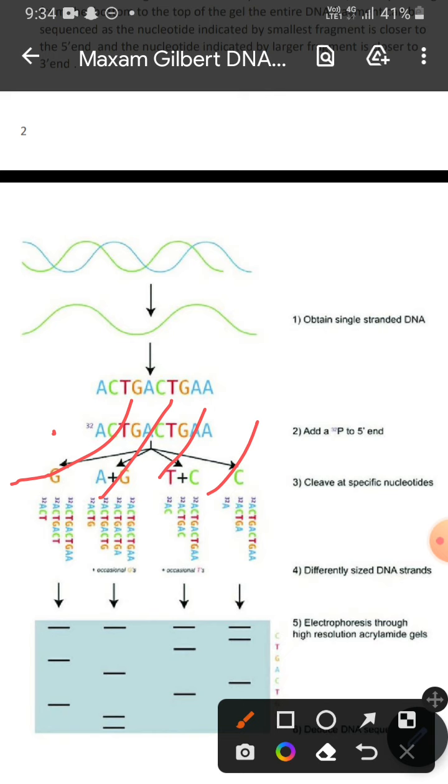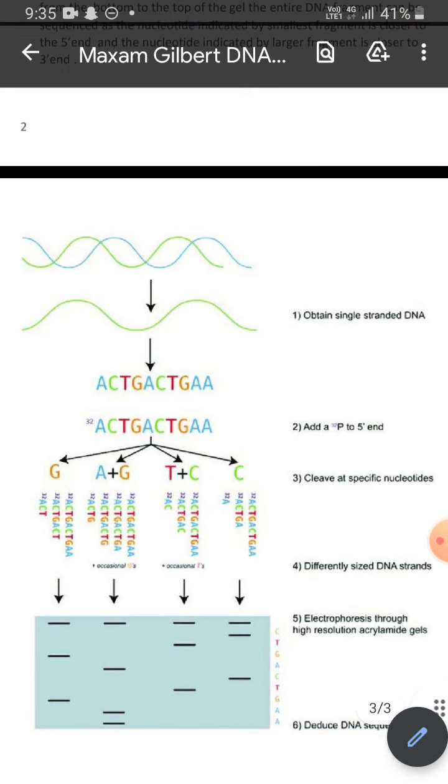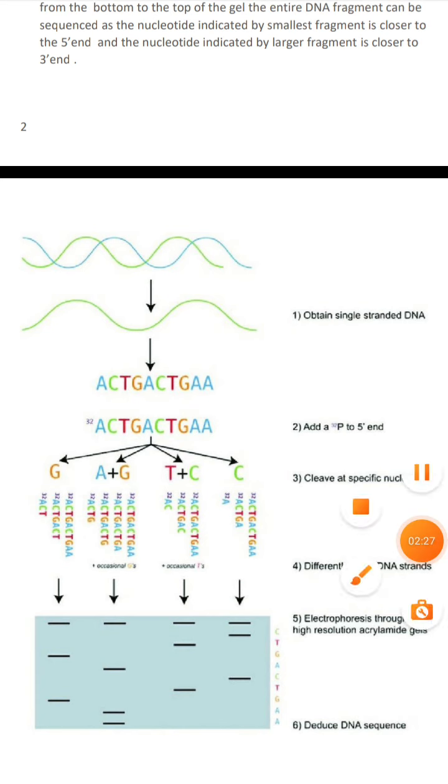These four conditions will be run separately in a gel, and by comparing the bands we can determine the exact nucleotide sequence of the DNA. That is the idea of the Maxam-Gilbert DNA sequencing method. So let's enter inside this topic.